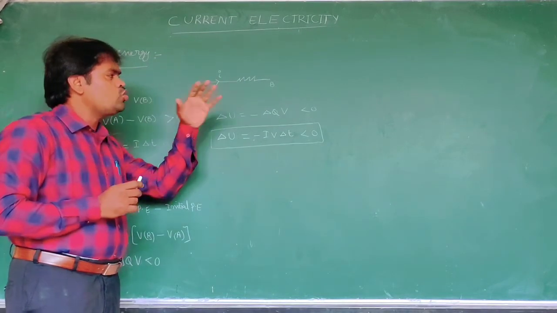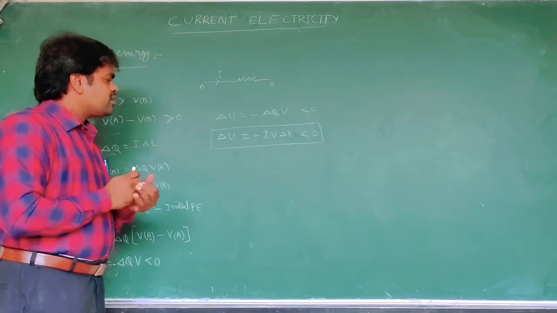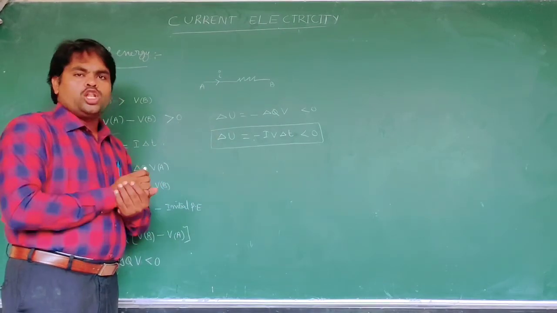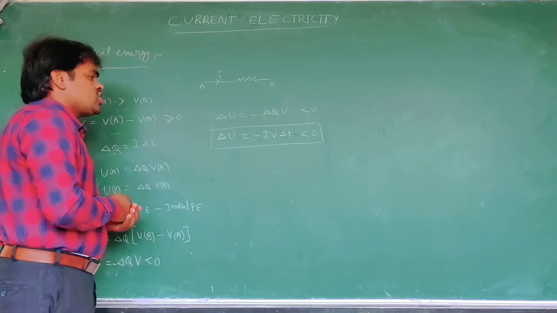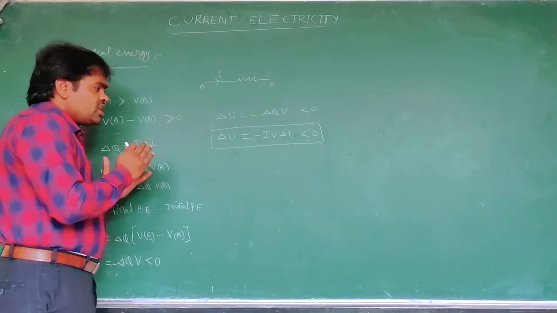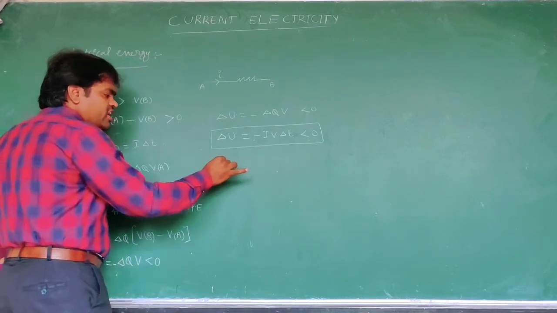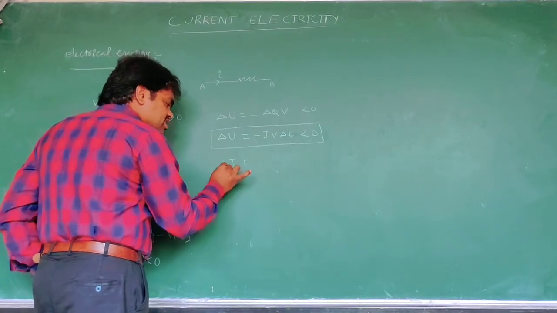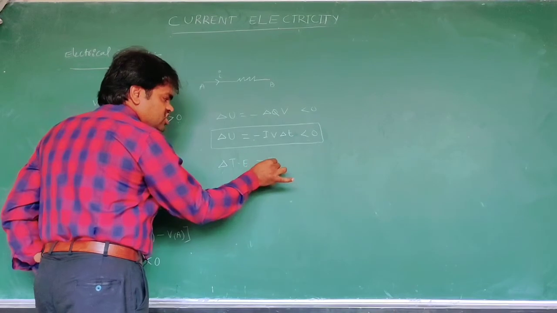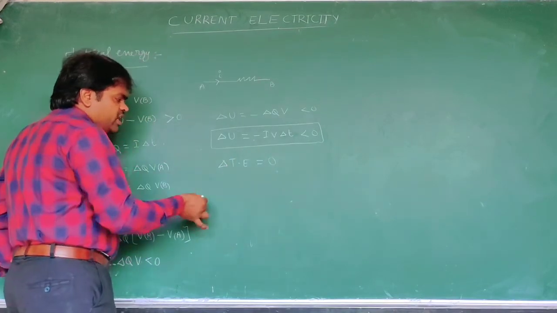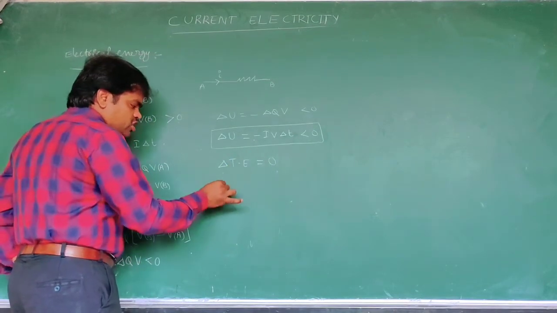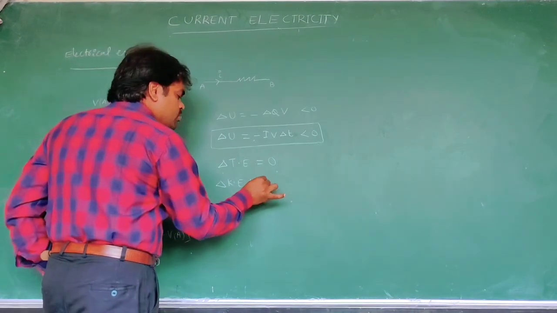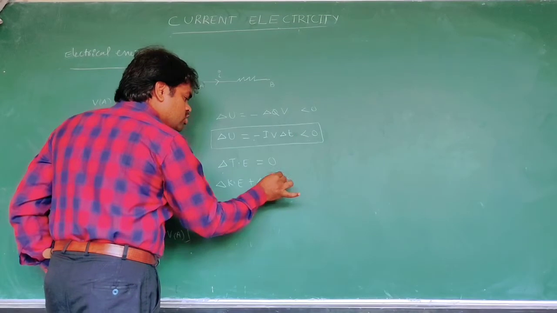Now, when current I flows through the conductor, the electrons or charges move without collision. The potential energy changes, and the kinetic energy also changes, but the total energy does not change. That means the change in total energy, change in kinetic energy plus change in potential energy, is equal to 0.